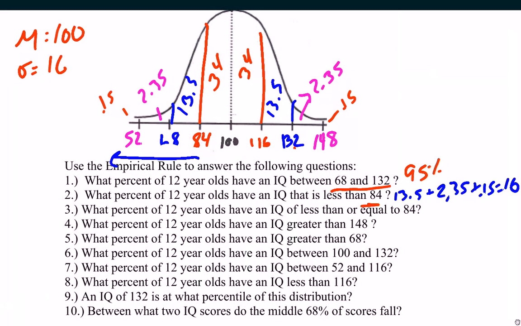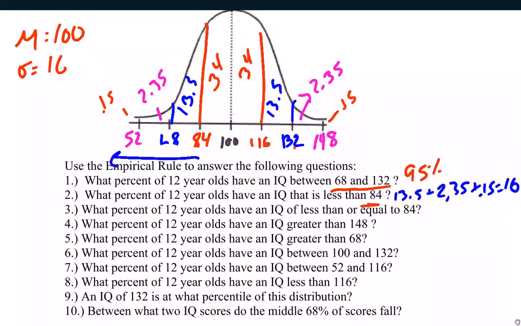I could also see it as everything to the left of 100 is 50, and I don't want between 84 and 100, which is 34, so I could think of it as 50 minus 34. I should get the same answer. Cool. Whichever way you see that is fine.